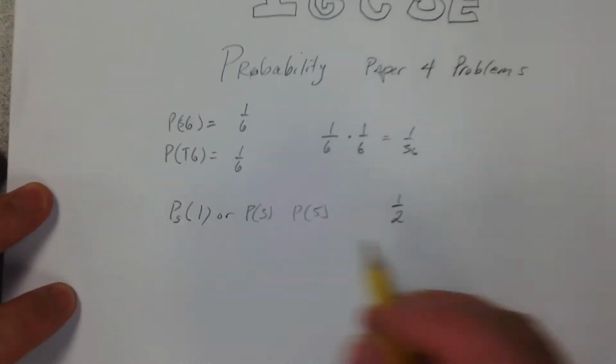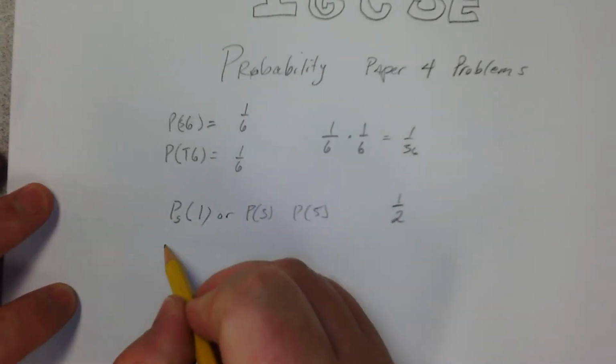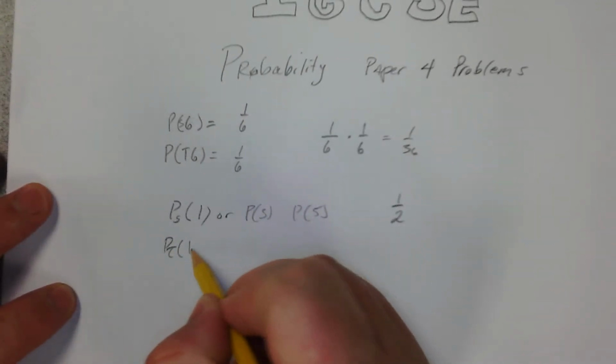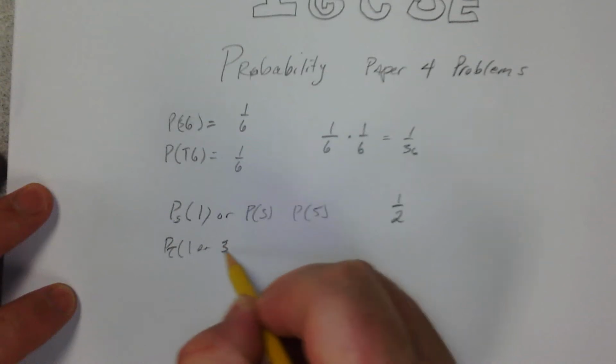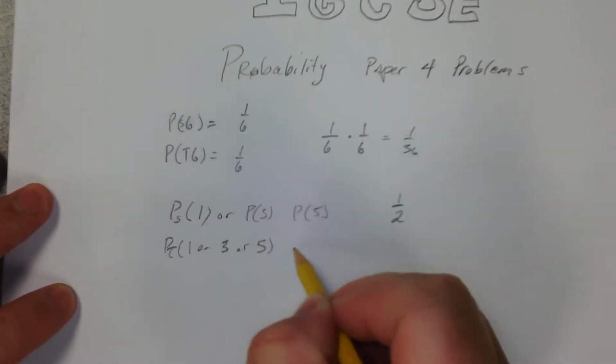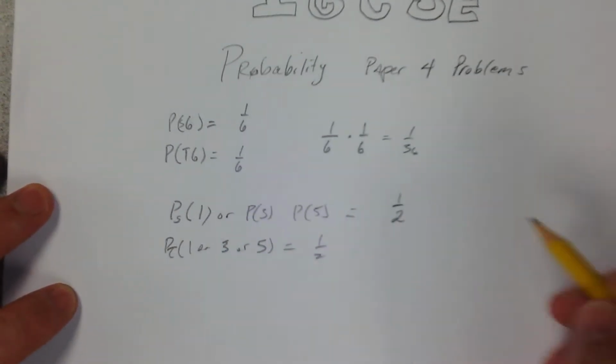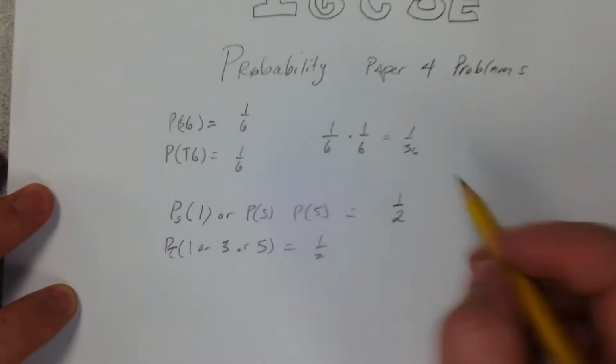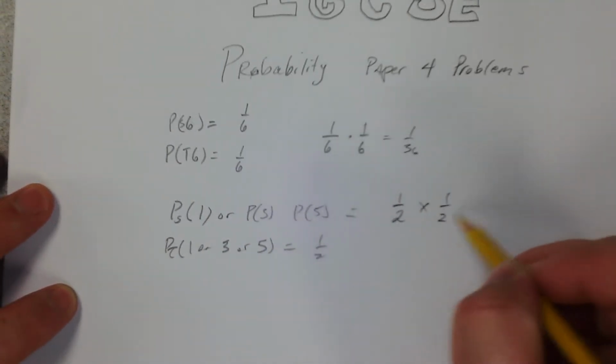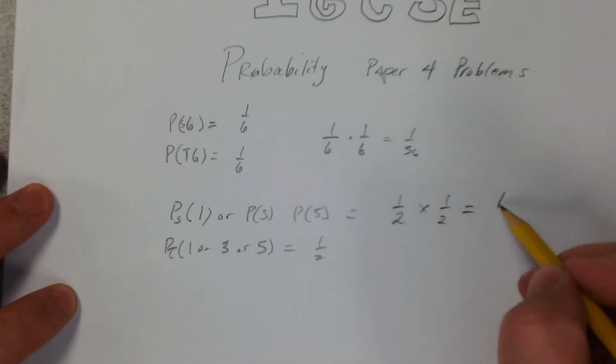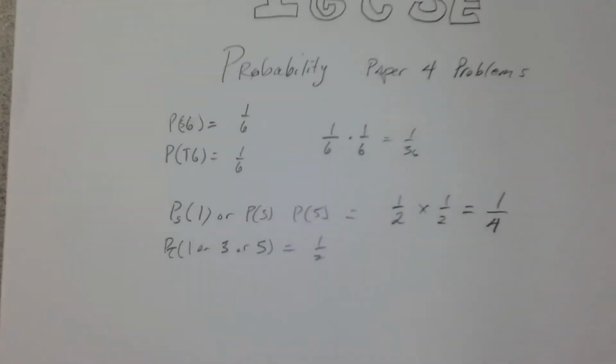Same thing for Terry: the probability that Terry threw a 1 or a 3 or a 5 is also 1/2. So the probability that they both threw an odd would be 1/4, 1/2 times 1/2.